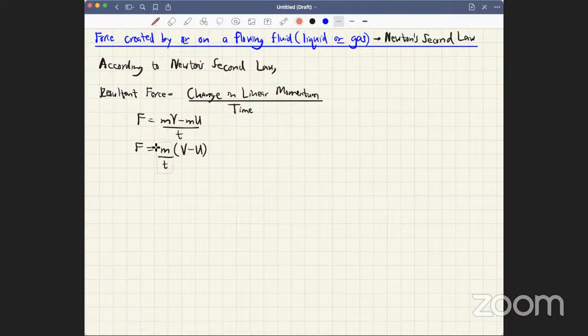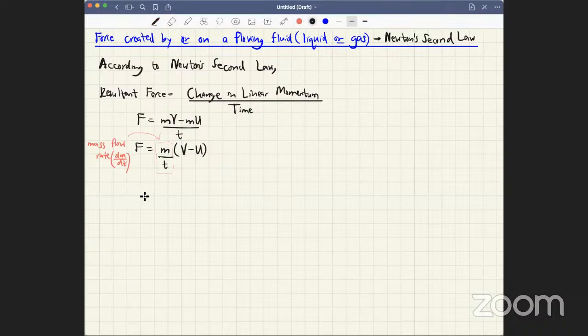What is m over t, people? You know this. Come on. It is mass flow rate. Very good. Good job. Mass flow rate. Or in other words, just like some of you have said, dm over dt. Exactly.